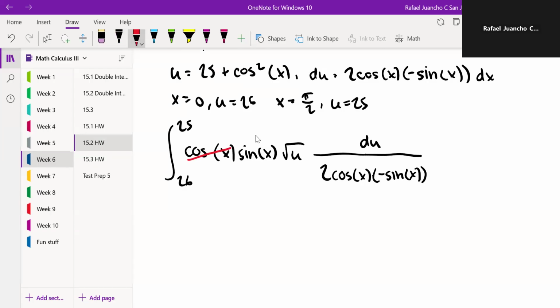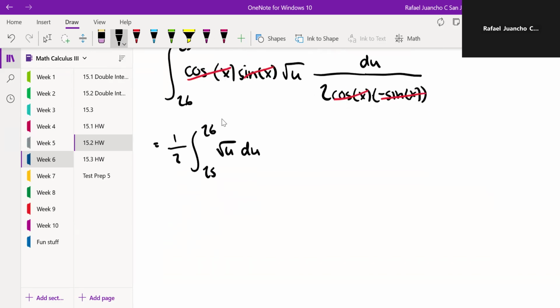I get to cancel this and this. I get to cancel this and this. And then the sign switches. So I get 1/2, 25 to 26 square root u du. Right? Nice. And then from there I get 1/2.